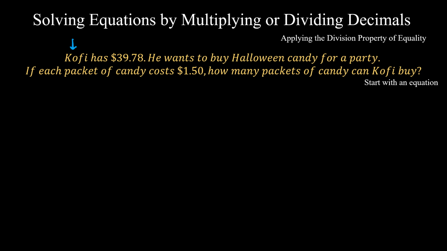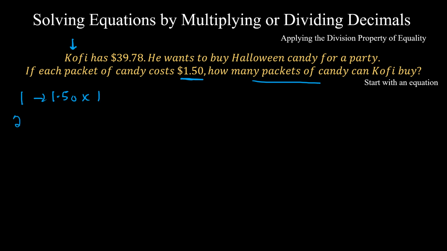All right, so let's try to figure this out. If he's buying candy, to figure out how much he's going to pay in total, you would have to multiply the price of each packet by the number of packets he gets. So for instance, if it was one packet, it would be $1.50 times 1.